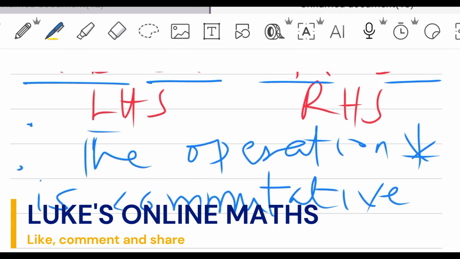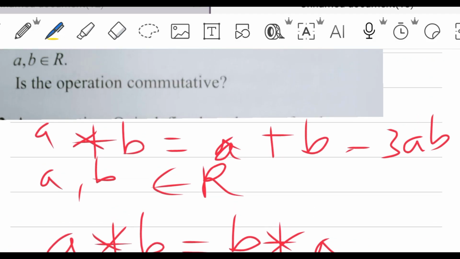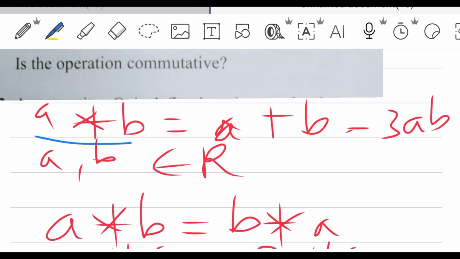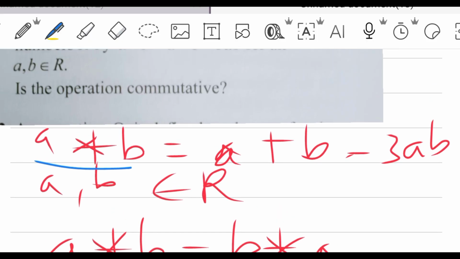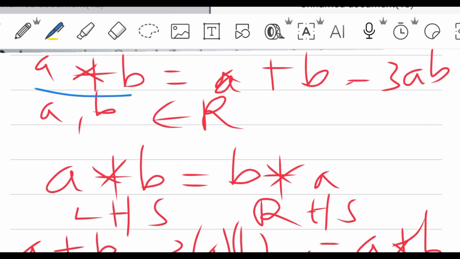Good. So this is how you go by it. You're given an operation sign. The first thing you do is to establish the rule where we say A operation B is equal to A plus B minus 3AB, and we are told that both elements A and B are members of the real numbers. If they are commutative, then it means that if you interchange the position of the first and second, the answer should be the same.